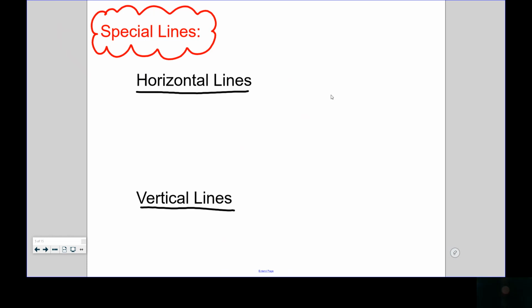Horizontal lines have the form y equals a number. It could be something like y equals 3, y equals -9/2, y equals -100. These are all horizontal lines. It's going to be a horizontal line through whatever that number is.